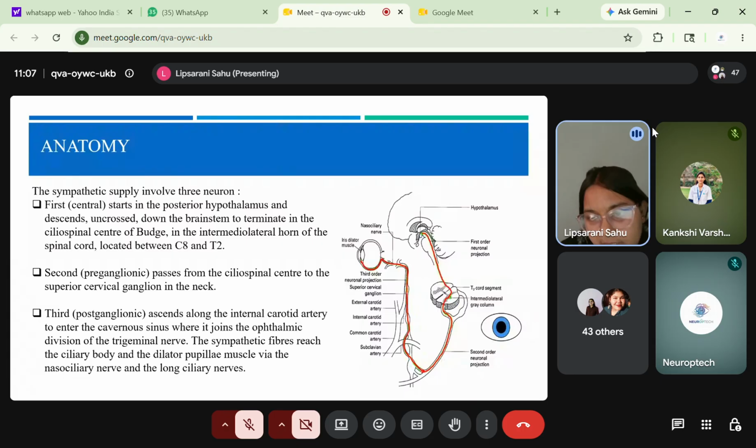Through the internal carotid artery, the pupillomotor fibers continue, and the sympathetic fibers reach the ciliary body and the dilator pupillae muscle via the nasociliary nerve and long ciliary nerves.